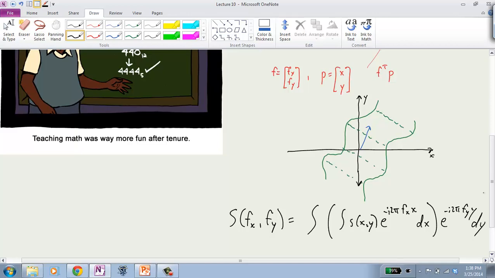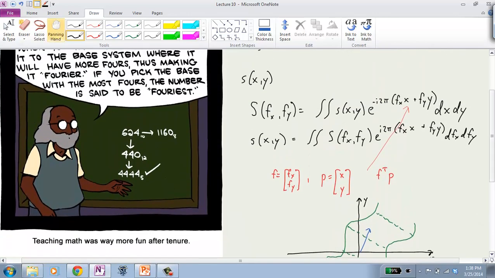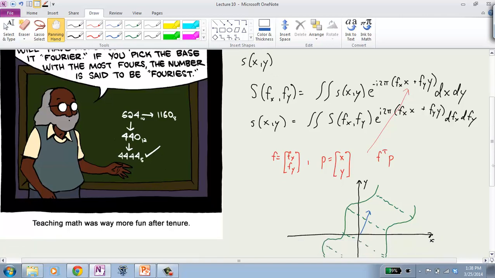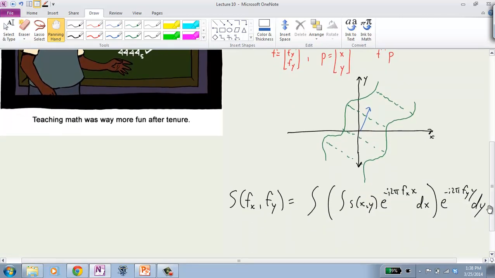Okay, you see that this is just a nice consequence of the exponential being a very nice function. It separates out this way. So if we bring it in, we do one integral first, and you can think of the 2-dimensional Fourier transform as being first, treat y as a constant.